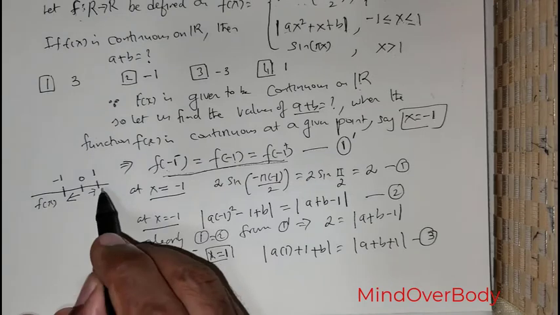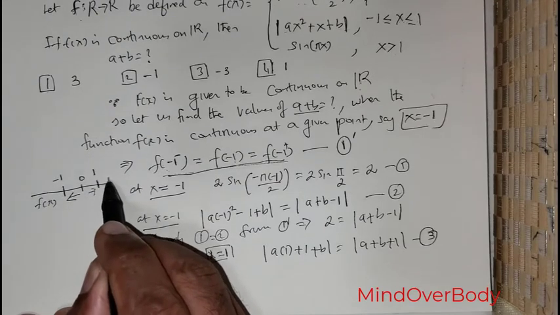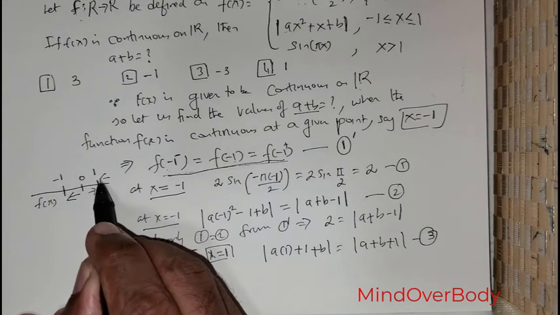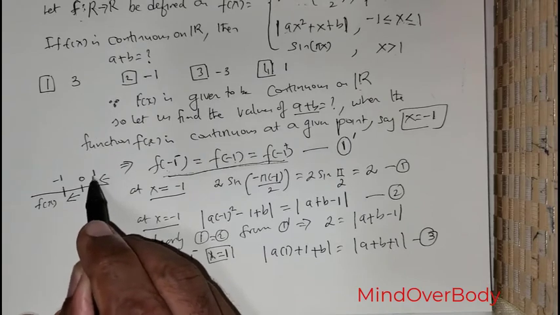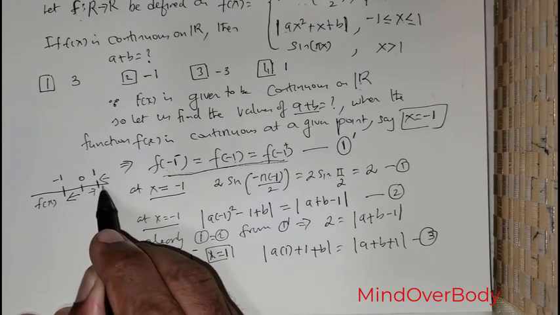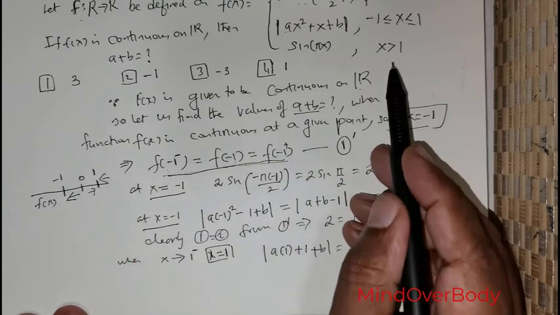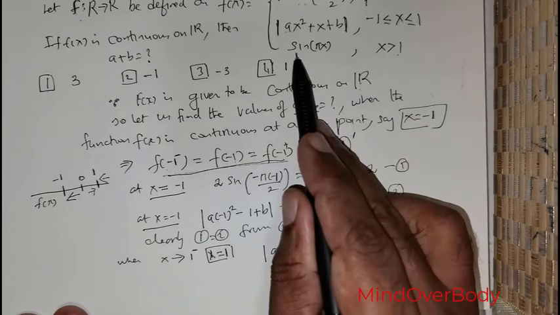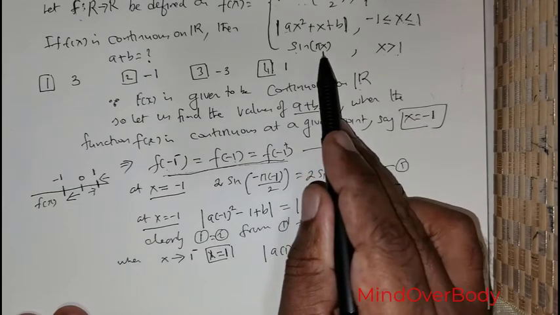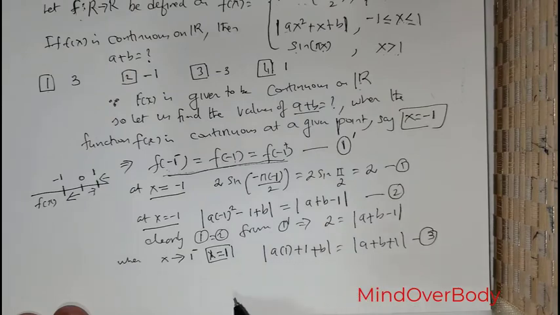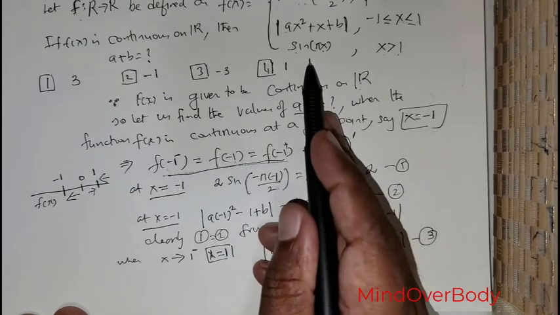Now the approach is going to be from the right end, from the other side of 1. So that means x is actually greater than 1. So when x is greater than 1, we have a function which is defined as sine pi x. So now we will use this function.